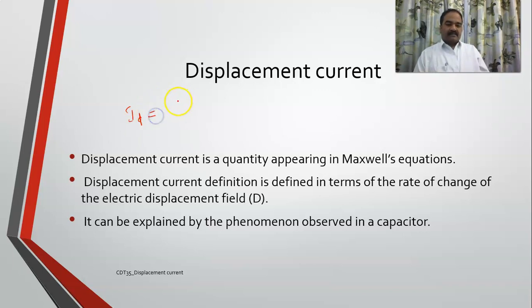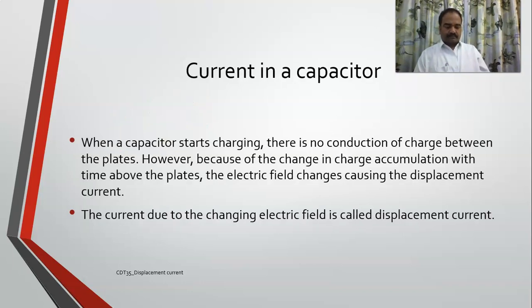It is generally observed in a capacitor. It is the rate of change of the electric displacement field. When a capacitor is connected across a source, it slowly starts charging. There is no conduction of charge between the plates, literally speaking.